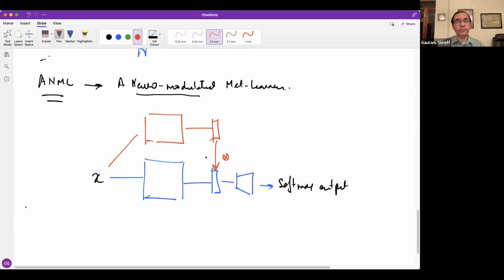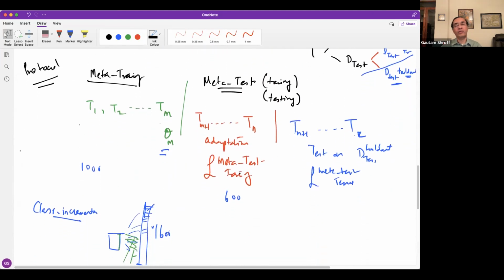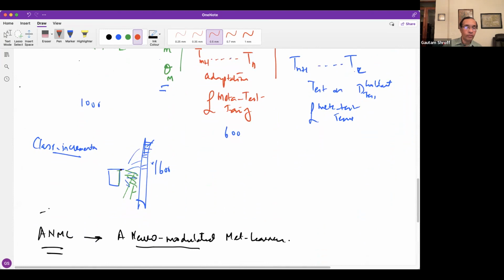Now, what this does is it looks at this data and says, which task is it from? And based on that, it shuts off some of the stuff coming out of here, right? So effectively, internally it's learning many different overlapping networks, some of which contribute to these classes, some to those classes.